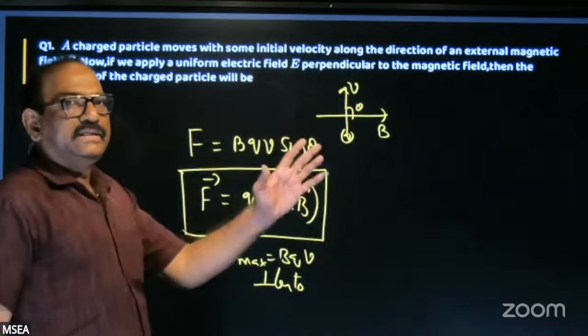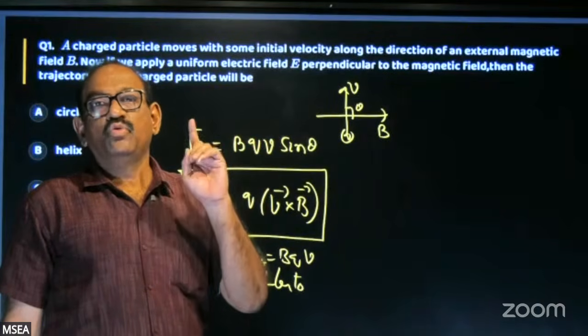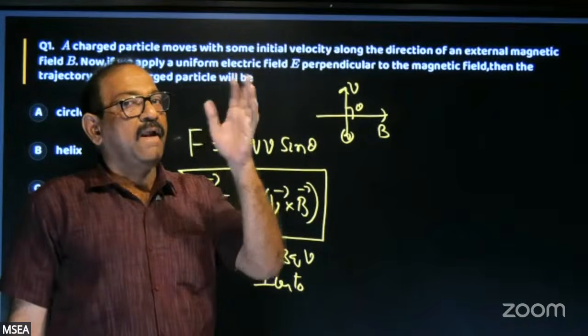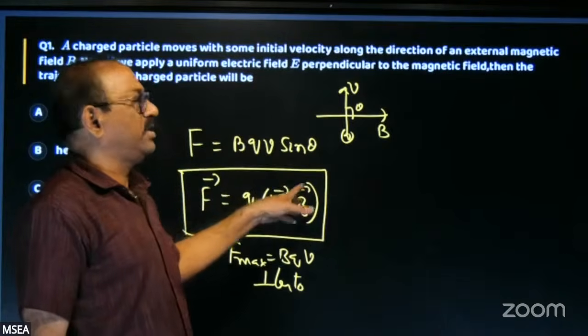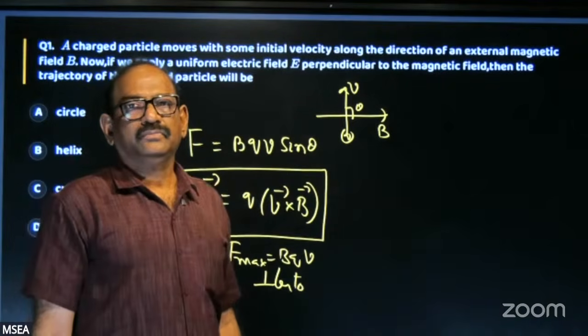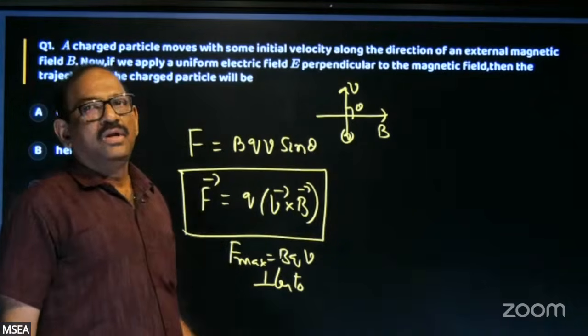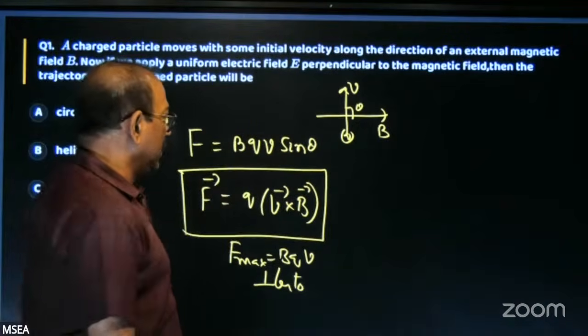Remember, this is very important: on a moving charge in a magnetic field, the magnetic force will always act perpendicular to the plane in which the moving charge and field are present. It means it acts perpendicular to the direction of motion of the charge.